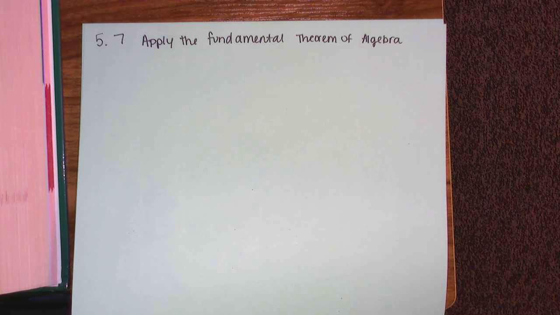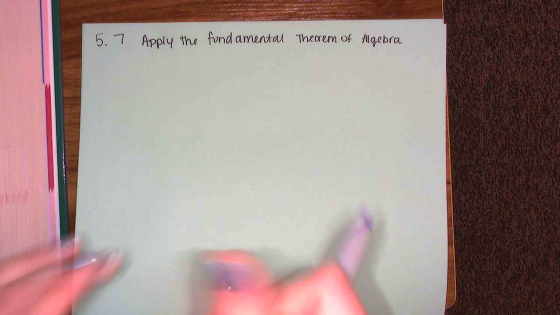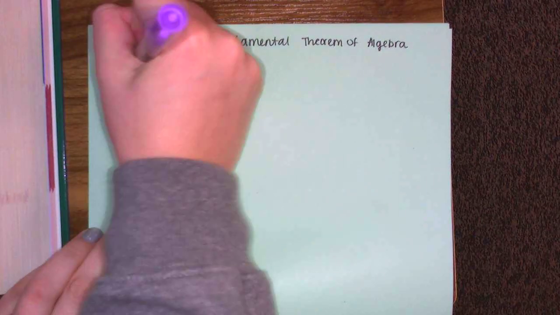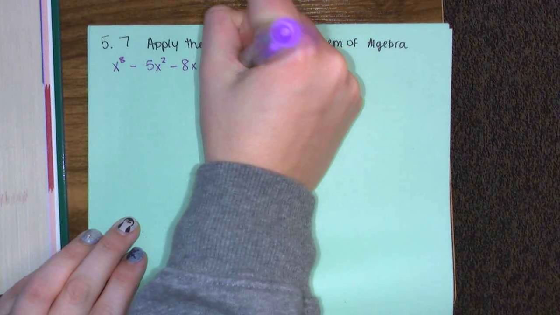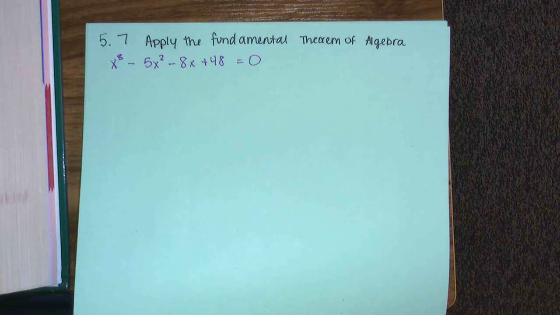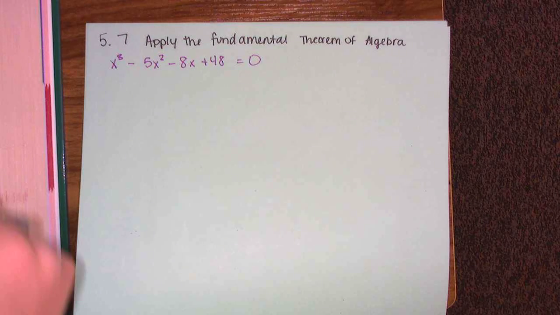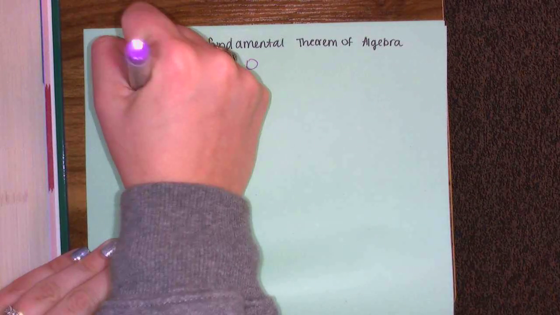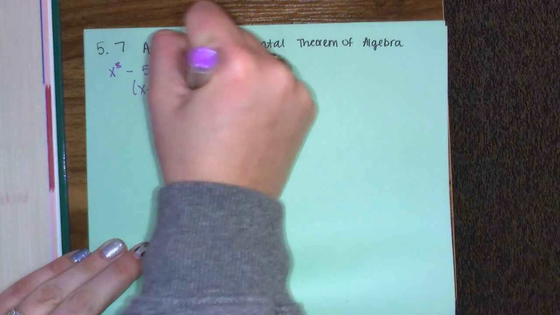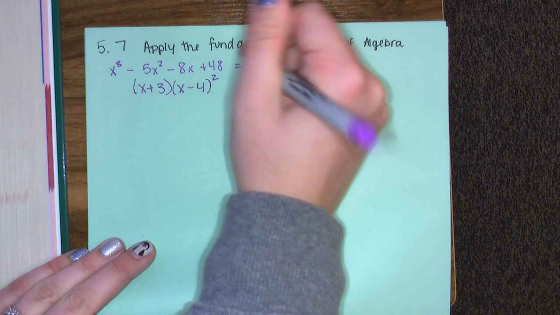But anyways, let's see. So if we had a problem like x cubed minus 5x squared minus 8x plus 48 is equal to 0, then this would, I'm not going to show all the steps, but this would factor into x plus 3 and then x minus 4 squared is equal to 0.